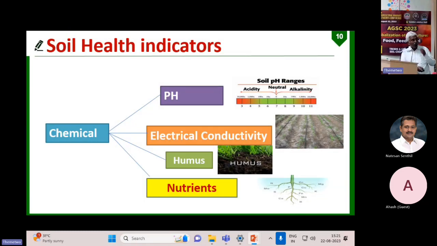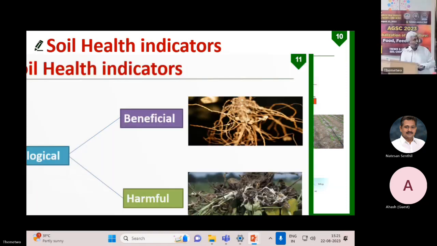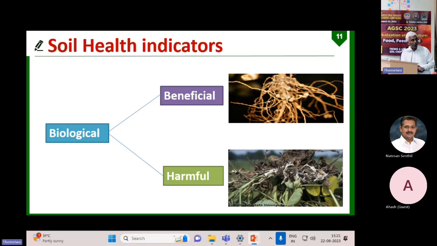As we saw in the previous slide, chemical indicators are electrical conductivity, humus, nutrients, and also pH. Biological, there are two categories of organisms, beneficial and harmful. Harmful are soil-borne pests and diseases. Most of the beneficial organisms, maybe bacteria and many others, are useful in biological nitrogen fixation and so on.